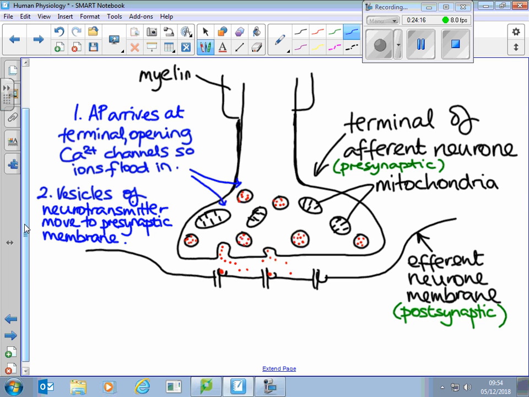Now, the neurotransmitter has to be released by the process of, yes, I heard that, exocytosis. So it's where the vesicles fuse with the membrane and just release their contents.